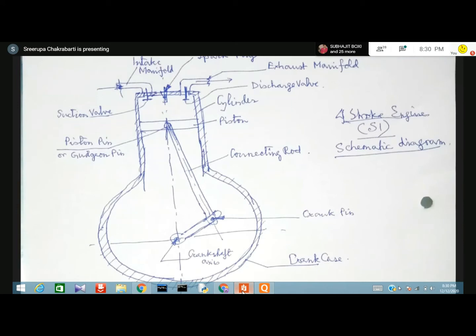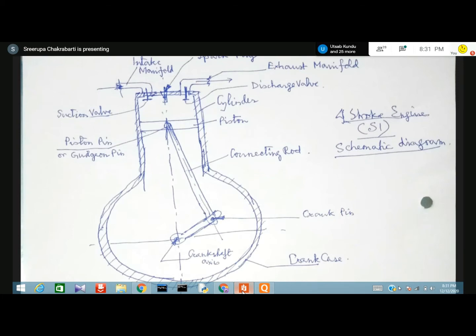The piston is not moving with a uniform velocity. That is important here. The velocity of the piston is not uniform. It is moving upward. As it is moving upward, it loses velocity. There is a deceleration. And at the top point, there is a dead center which we are terming. There the velocity becomes zero. Absolutely. Velocity becomes zero.